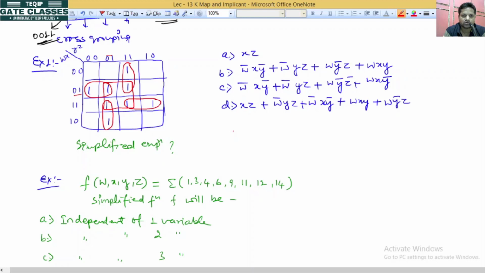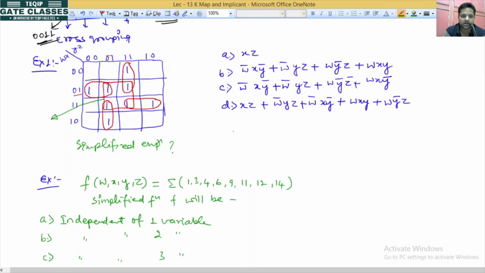Now all the ones are grouped, so all the ones are covered here. Then we move on to identify any redundant group. Is there any group that is redundant? Yes, this quad is. A group is called redundant if all its cells are covered by adjacent groupings.